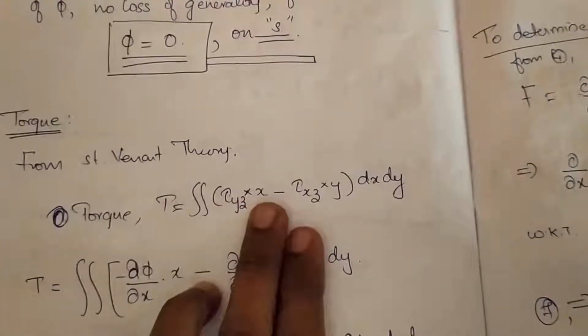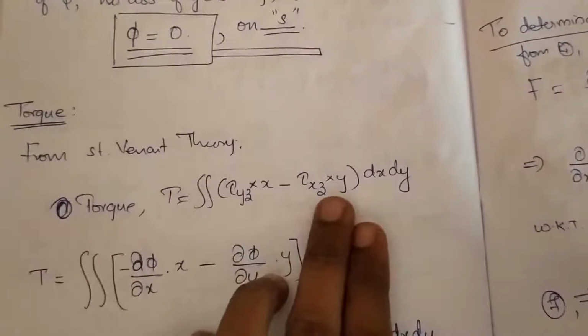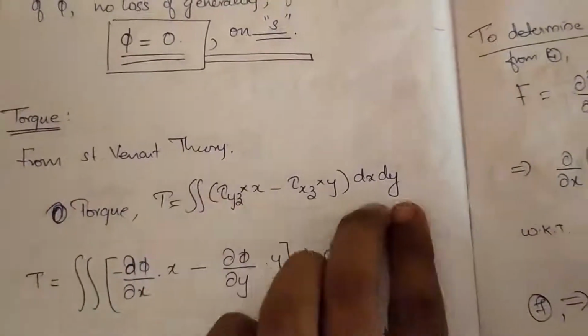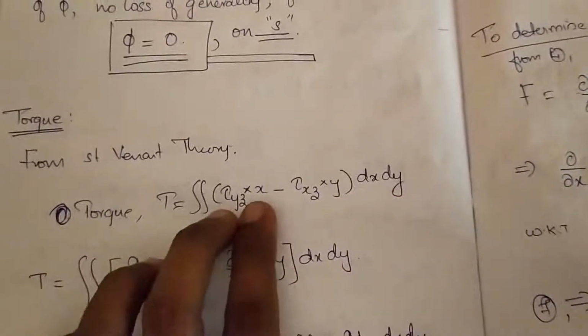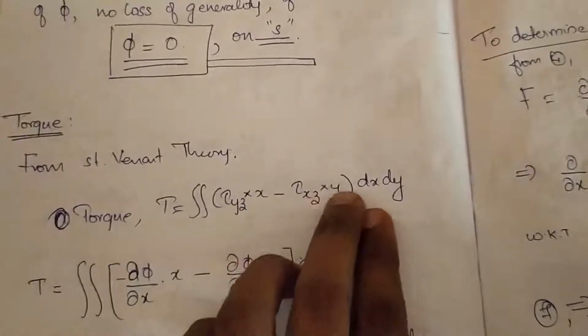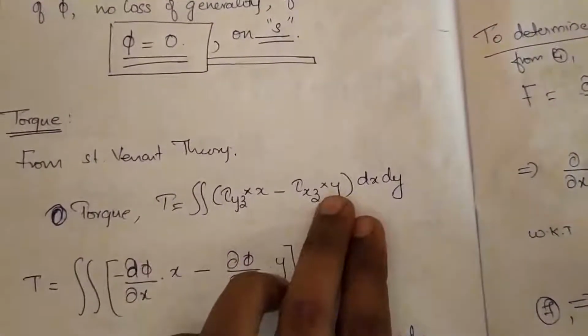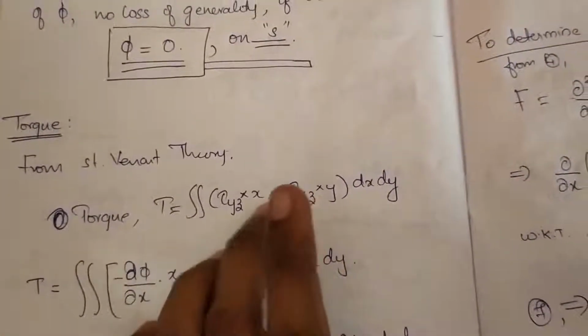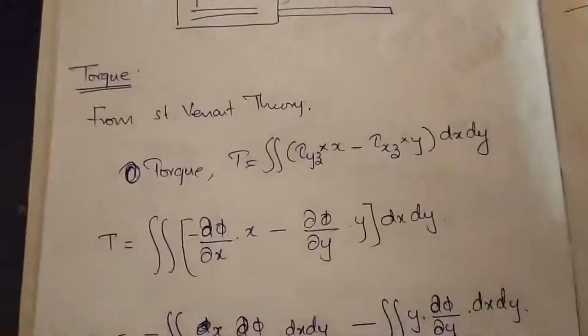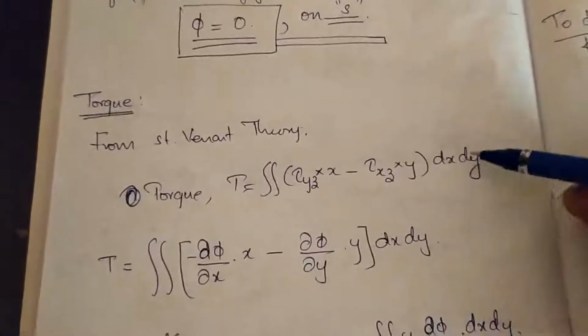Tau yz acts at a perpendicular distance x and tau xz at a perpendicular distance y. So the term is tau yz into dx dy into x, that is force into perpendicular distance, and tau xz into dx dy into y. Minus sign came due to rotation, clockwise and anti-clockwise. If you have doubt, just refer to Saint-Venant's method.